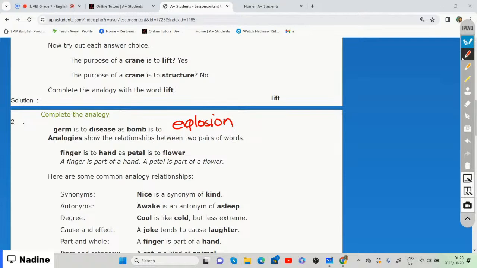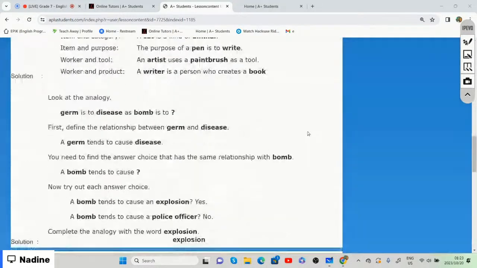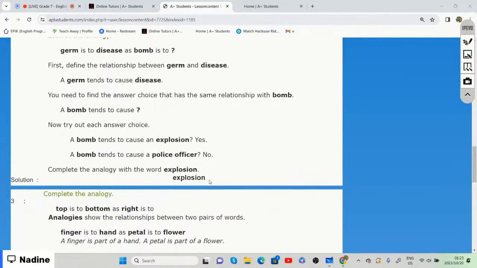Because if germs cause disease, it means that if a bomb goes off, it causes explosion. So bomb causes explosion.